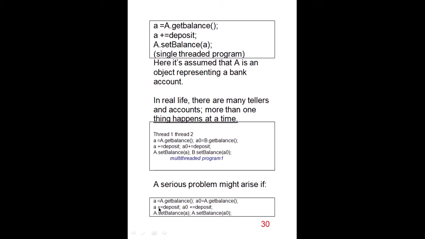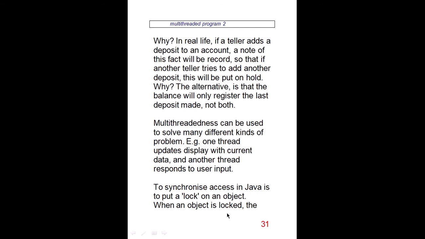And they both add perhaps a different deposit to the value. And what happens is that concurrently, thread 1 will set A's balance to its value, and the second thread will set the balance in A to its value. So it's absolutely unclear exactly what the resulting value is going to be.